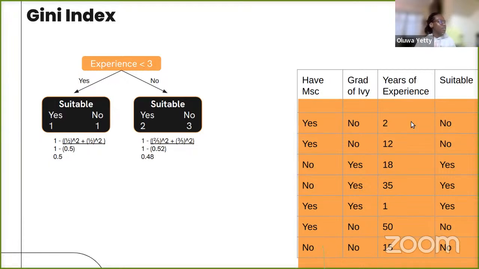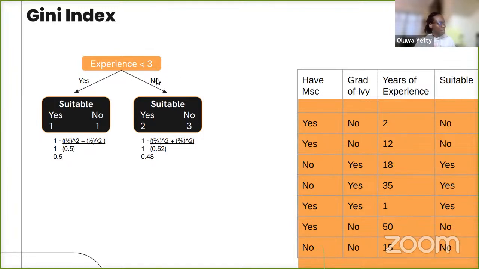Experience less than 3, so we are under the no branch. When we say experience less than 3, that means 2 is less than 3, so the answer is yes. In this case, it doesn't fit this branch. So we move on. Is 12 greater than 3? I think that's just better.